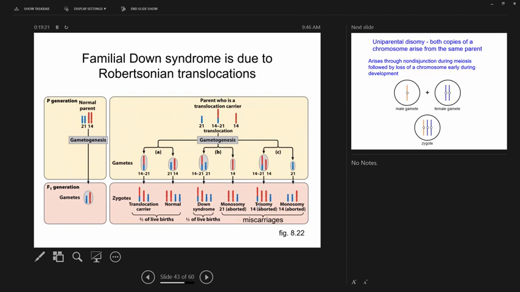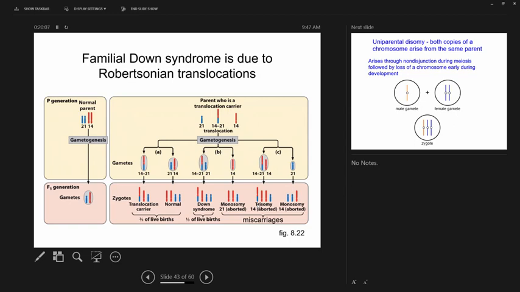Problems occur, however, during gametogenesis, because unlike over here where the two 21s pair and the two 14s pair like they should, now you have just three. And so here's what can happen. Either you can get the two 14s pair and the 21 is separate, so that means the 14s will go to separate cells here, and then the 21 goes to one of them.